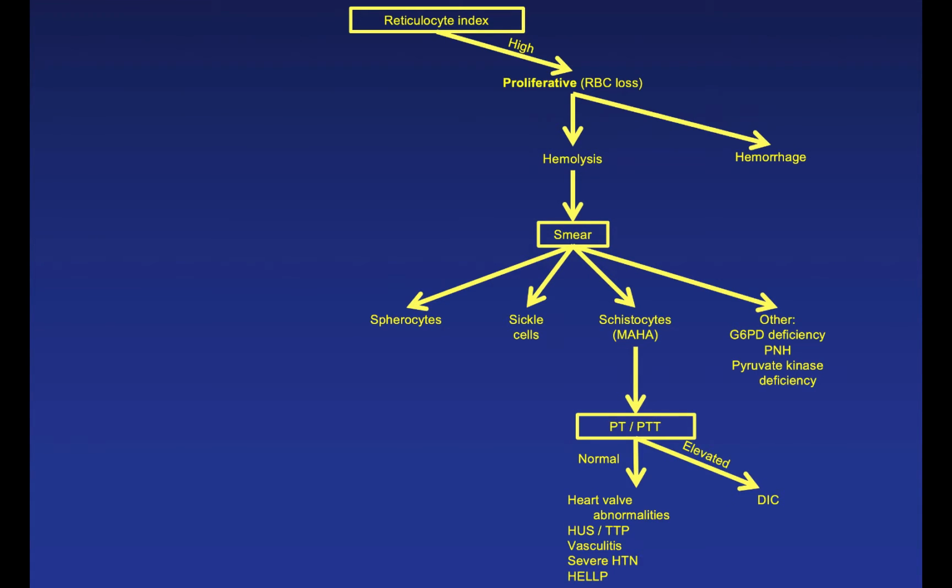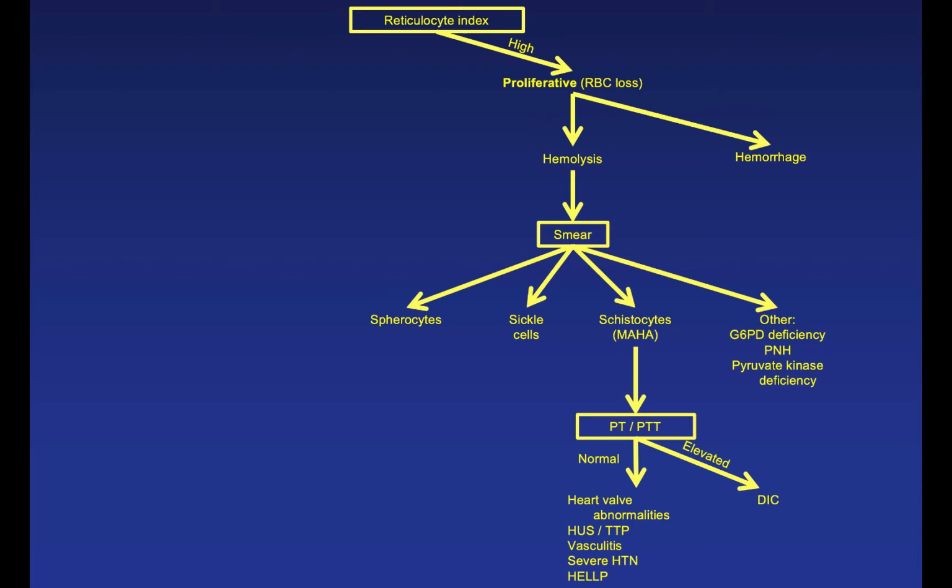So let's say you see schistocytes, which are fragments of red cells, that's called MAHA, or microangiopathic hemolytic anemia. We then check a PT and PTT. If that's elevated, you're dealing with DIC, which could be due to sepsis or trauma or an OB complication.